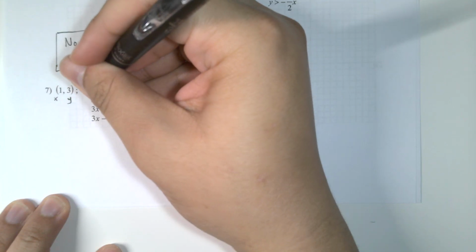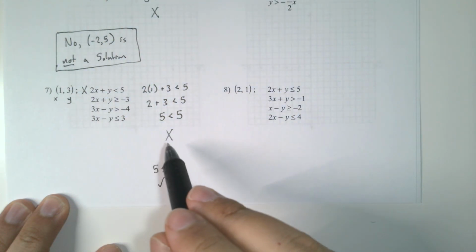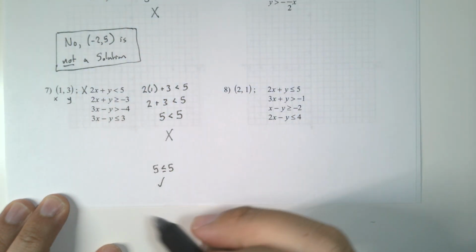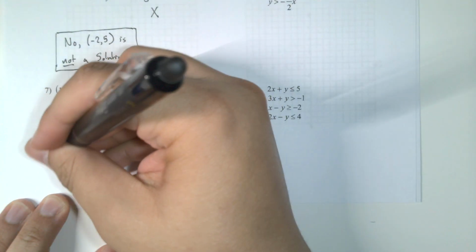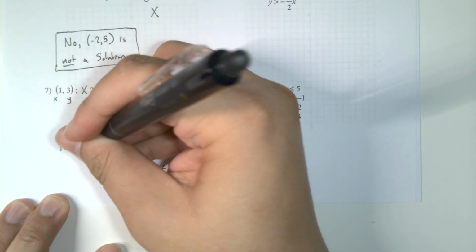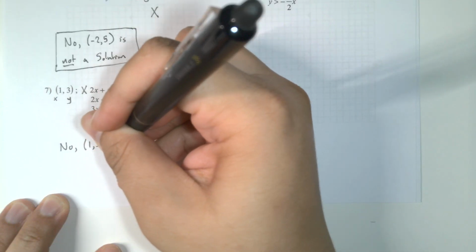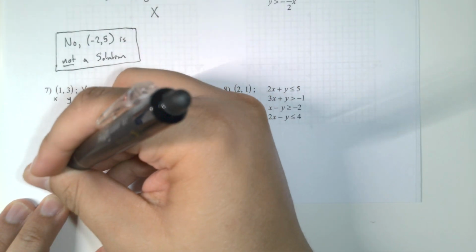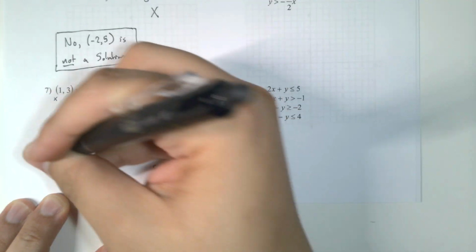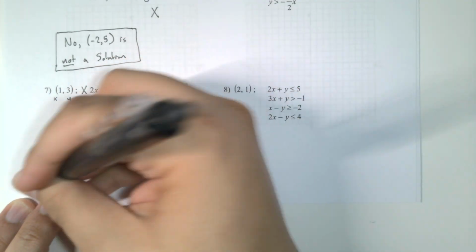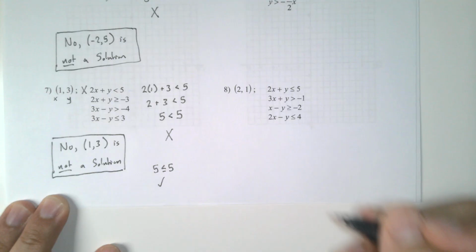So the first inequality does not check out for this first one, and so we would say that no, (1, 3) is not a solution. We don't even have to check the others.